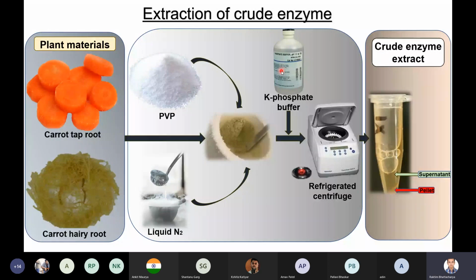Now, when we are putting in a buffer like pH 7.2, the cellular pH always ranges from 7.2 to 7.4. So our target is to keep the enzyme in a cellular environment as much as we can.